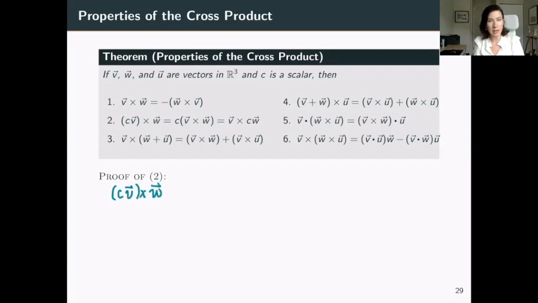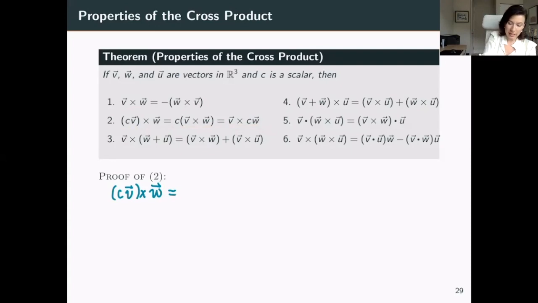So for 2, we are trying to show that when I multiply via the cross product CV times cross product W, I will end up with C times V cross W or V cross CW. Now, I'll show you why this is equivalent to this. You can easily show that this is equivalent to this. Let's go through it. Writing these vectors in component form is going to be the easiest way to help us succeed in these proofs.